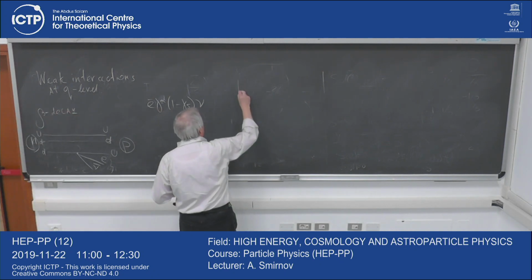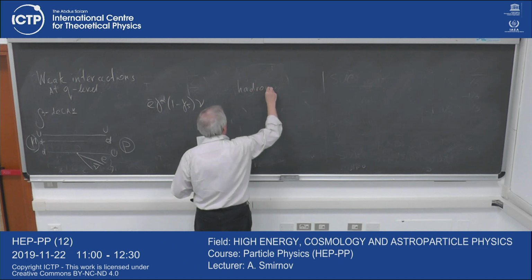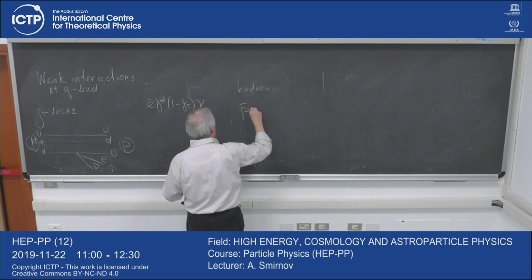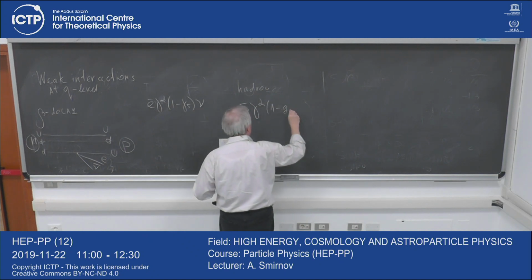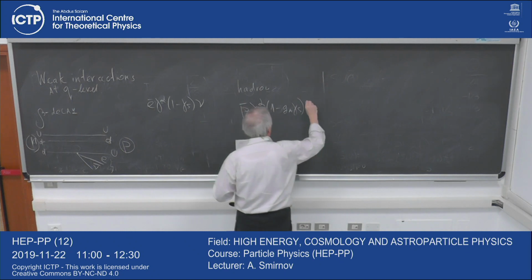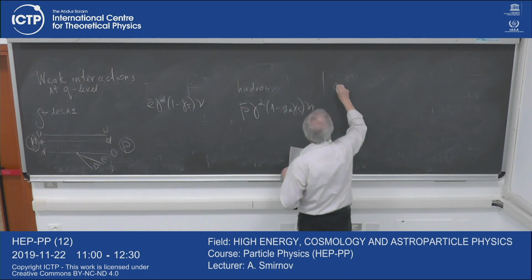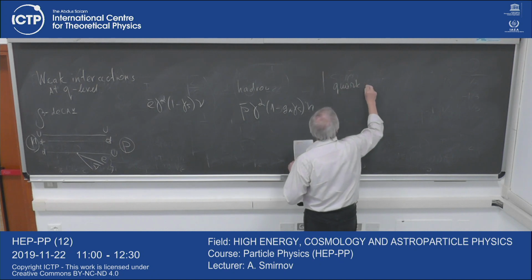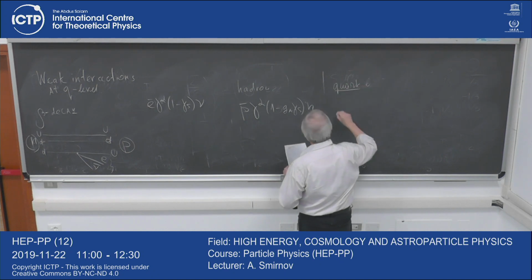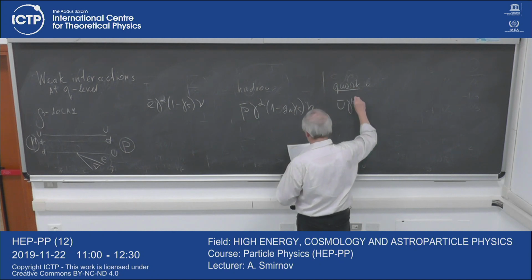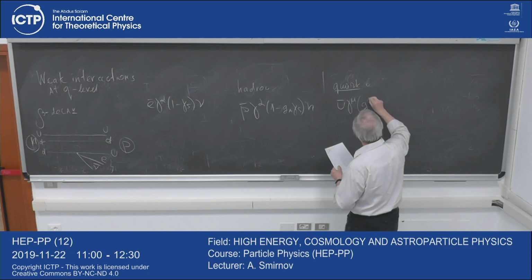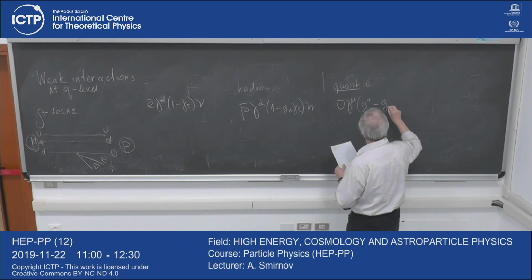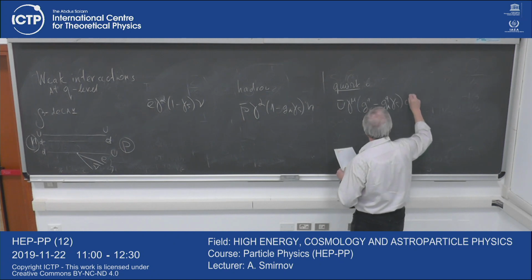And at hadron level, we introduced already the current, which is proton gamma alpha (1 minus g_A gamma 5) n. And at quark level, we need to write something like U quark gamma mu. And in general, let me write here g_V quark minus g_A quark gamma 5 D.